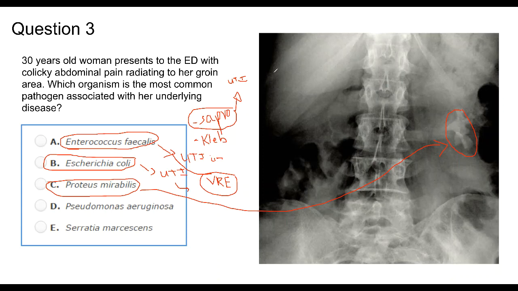Anyone else? You have to know this. So E. coli, who gets E. coli UTI? I guess pregnant woman? No, yeah, but this is not the most common. All right, I'm gonna ask Tan Bùi.